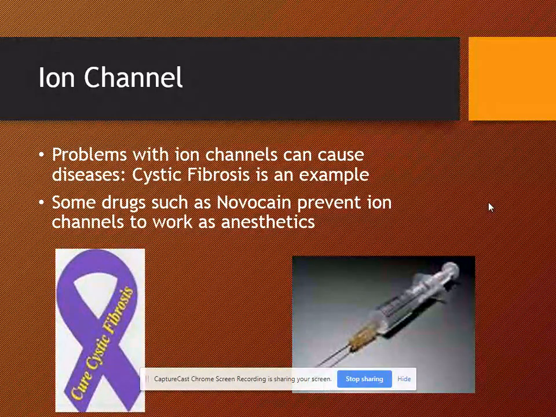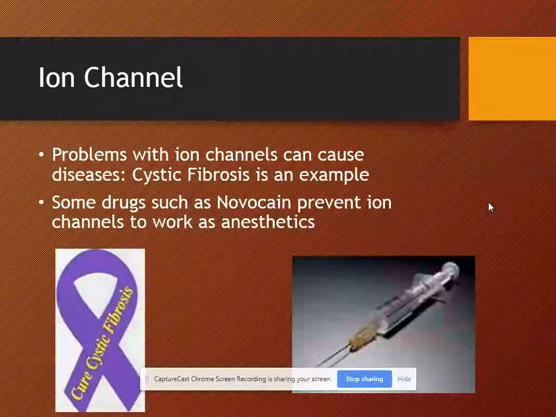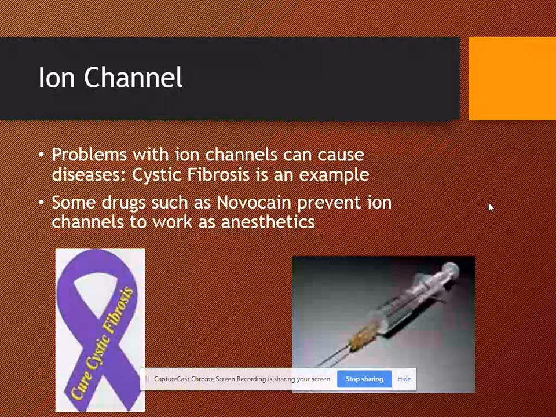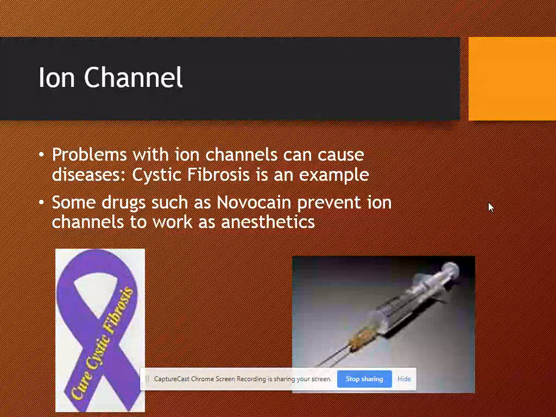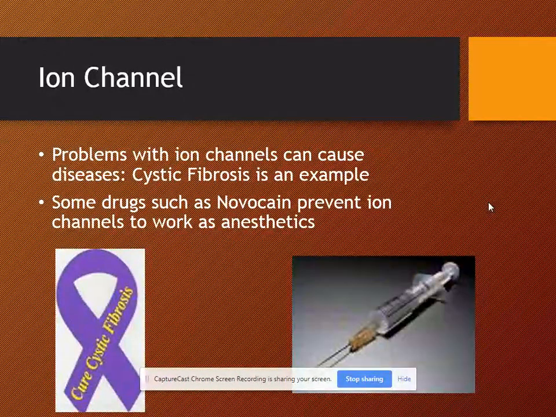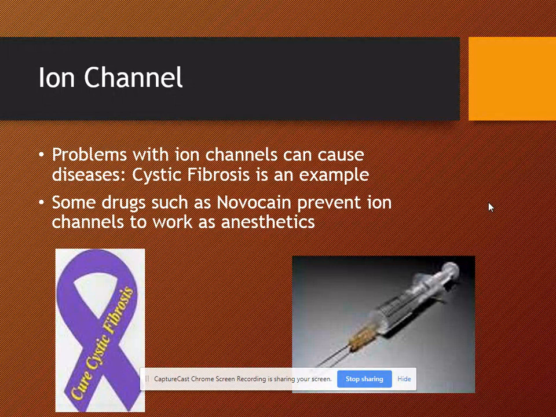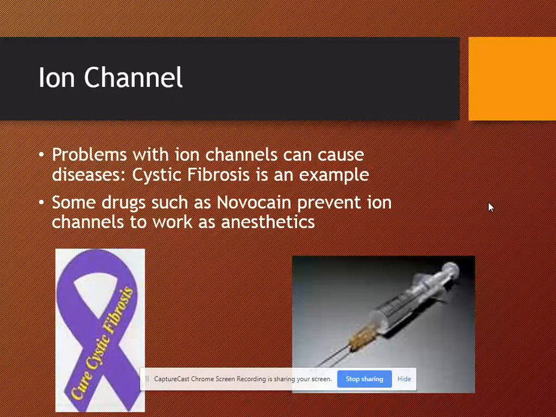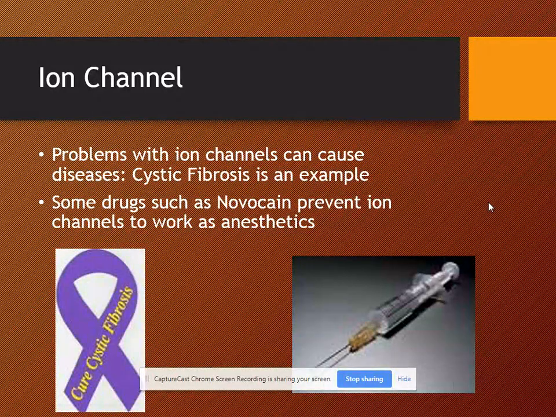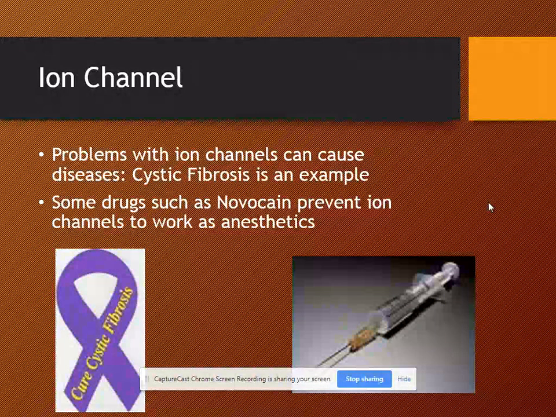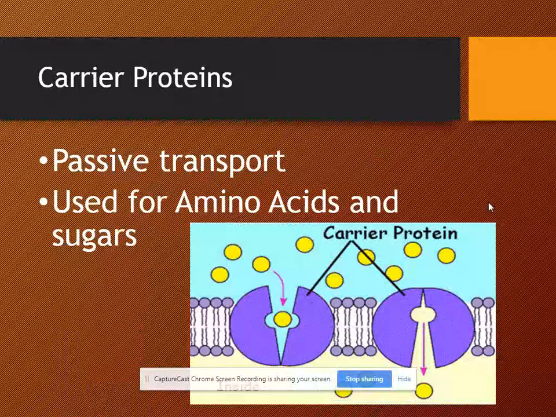The point of how Novocaine works is that it blocks the ability of some of these ion channels to work. So that message is not reaching the nerve cells, and they're not able to spread that message up to the brain that, ouch, this is really painful. You should be screaming right now. And we're really lucky that we live in this time and day where the dentist is not as painful as it used to be.